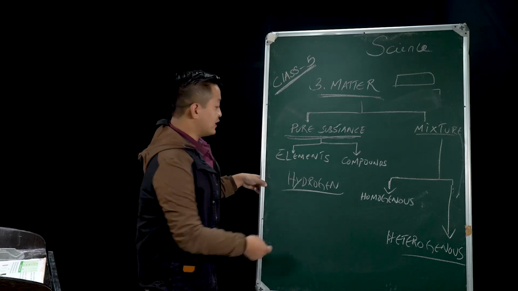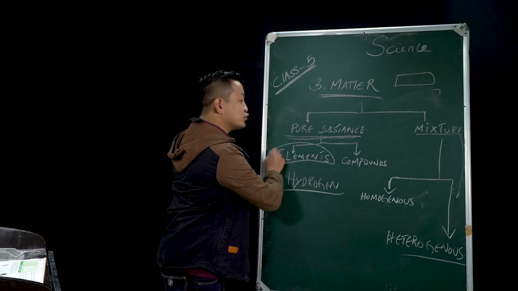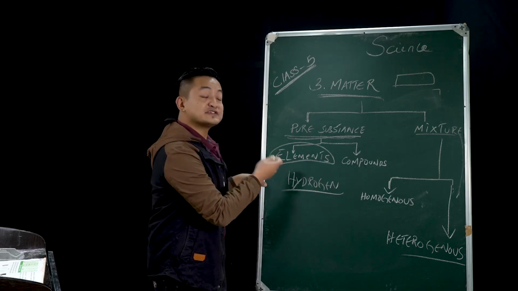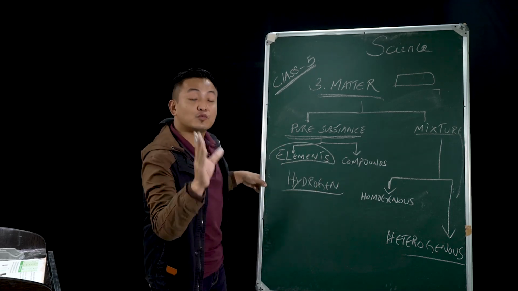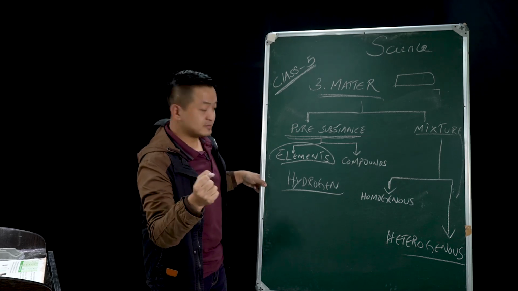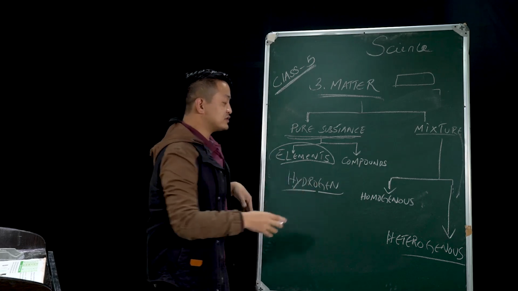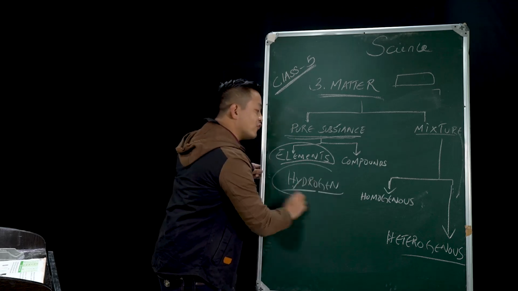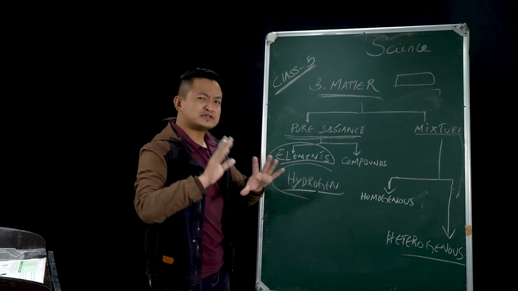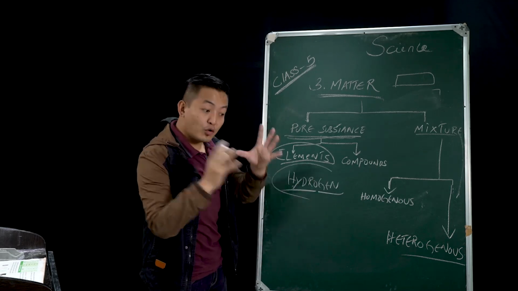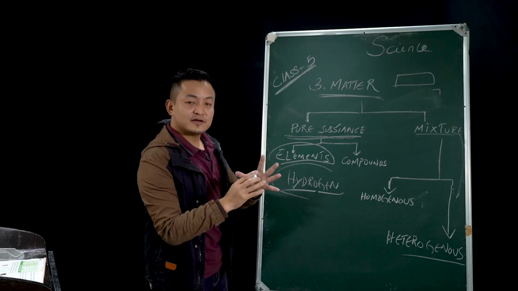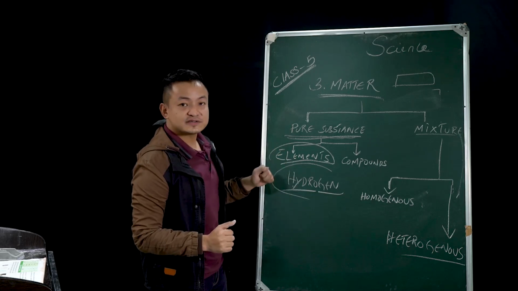Clear? Now, an element, okay, we can define an element as a substance which is composed of only one kind of atom. This hydrogen is made up of only hydrogen atoms. There is no other mixture, only hydrogen atoms. That's why it's falling under pure substance.